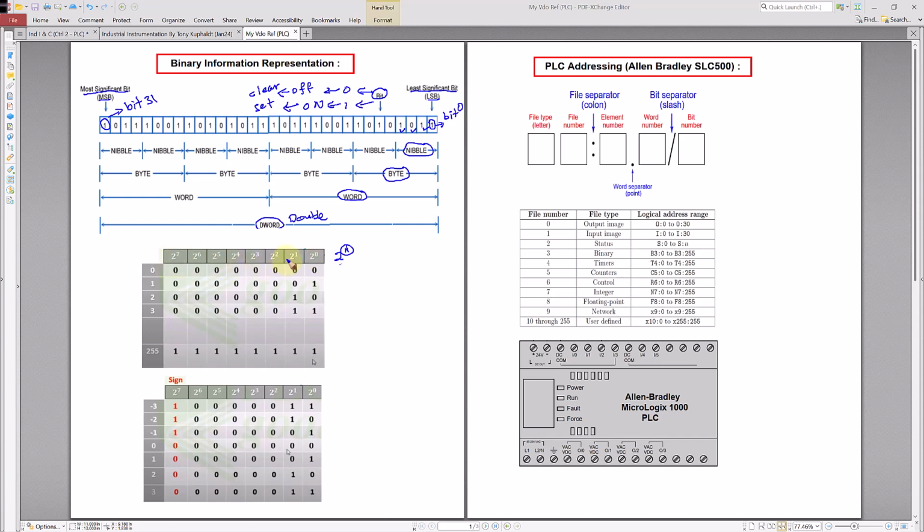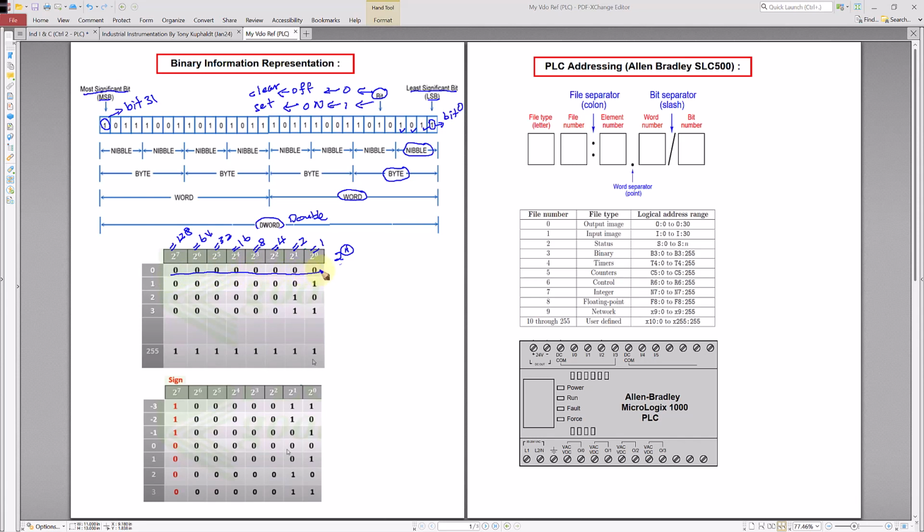As we know, 2 power 0 equals 1, 2 power 1 equals 2, 2 power 2 equals 4, and then 8, 16, 32, 64, and 128.